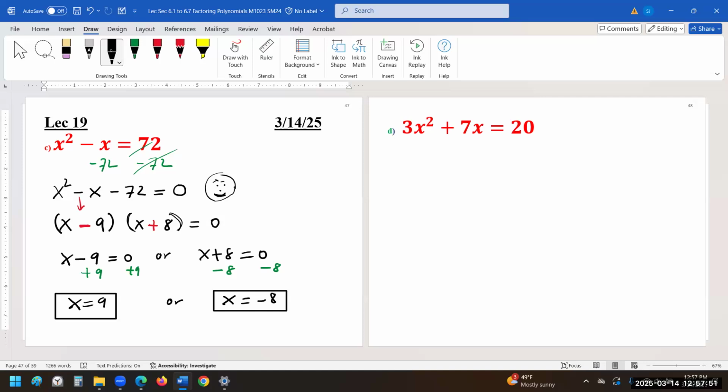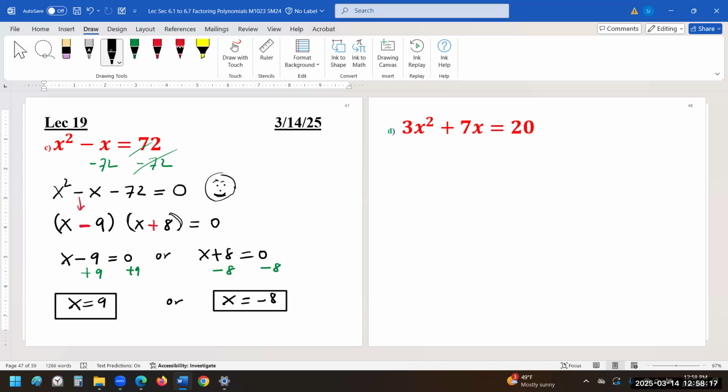Any questions so far? Leandra? Do you have that last part? The x minus 9 equals 0 or x plus 8 equals 0. People start forgetting writing or. We used to write or all the time, but now people don't. No, not the or part.